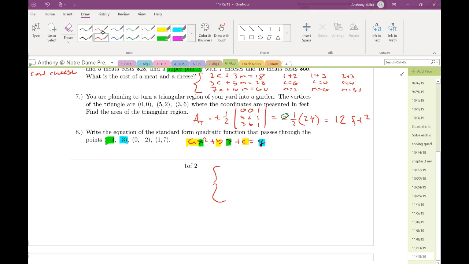I'm going to do that for each point, and that'll generate 3 equations.